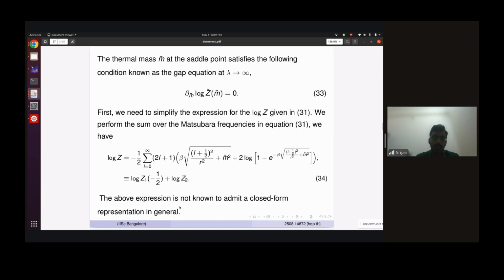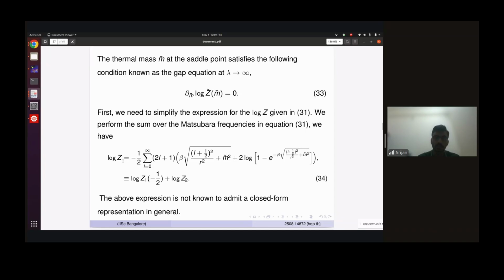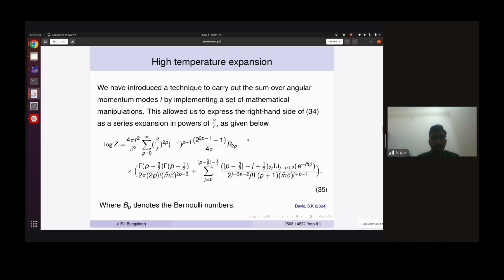This expression is not known to admit a closed form representation in general, but as a high temperature expansion, we have obtained this log z as a series expansion in small beta by R. I am not giving the details of the high temperature expansion. I think Justin talked about this in this same seminar series.